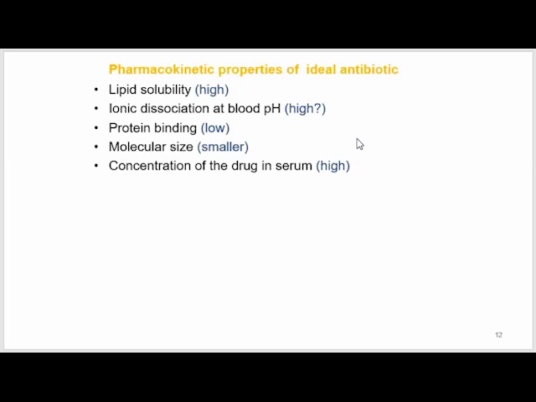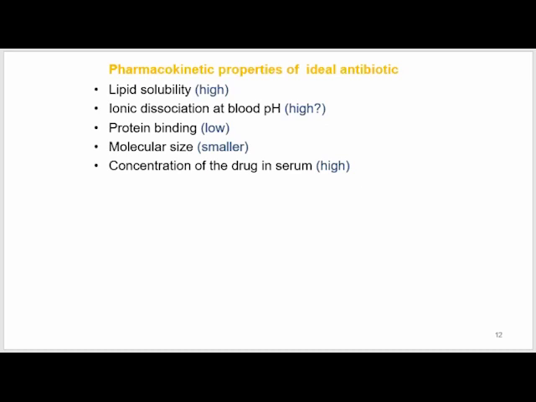I've forgotten, sir. You have forgotten? Yes. Okay. Cavo? Albumin, sir. Yes, albumin. Good, albumin. So albumin is a major protein that is found in the plasma, and it binds a lot of drugs.